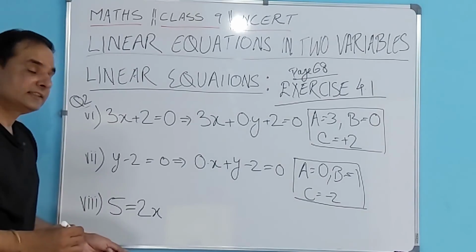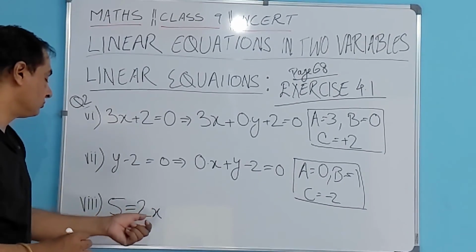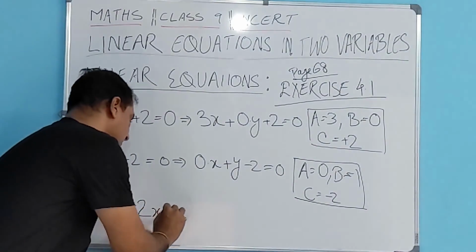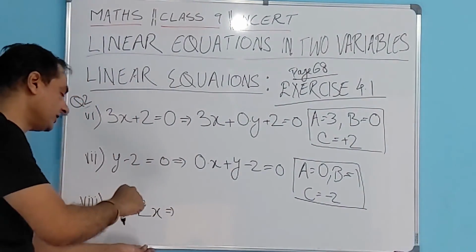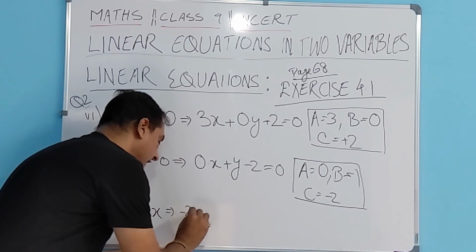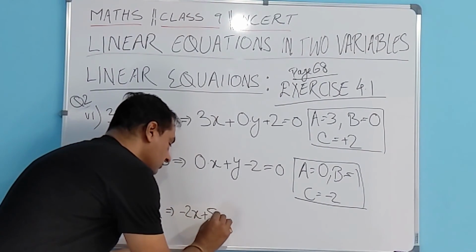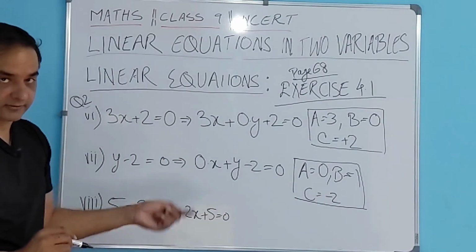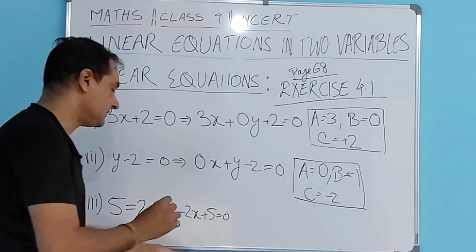Now if you look at the 8th sub question, 5 equals to 2x, we can bring 5 over there and we can write this equation as, or let's bring 2 over here, no problem. So it's 2x plus 5 equals to 0. Again, if we see there is no y, so what we need to do, we can write y and preceding it by 0.